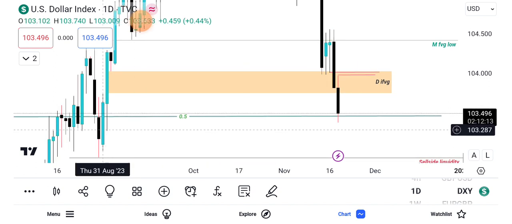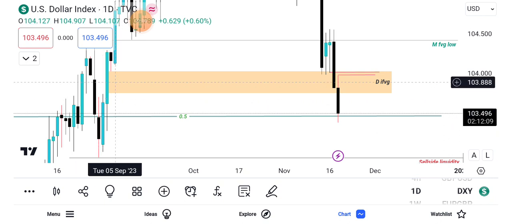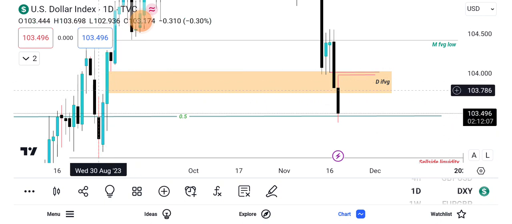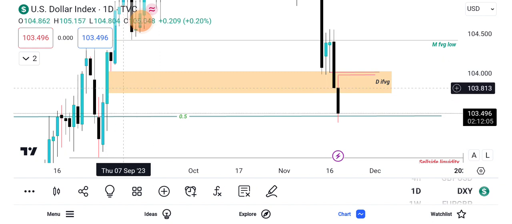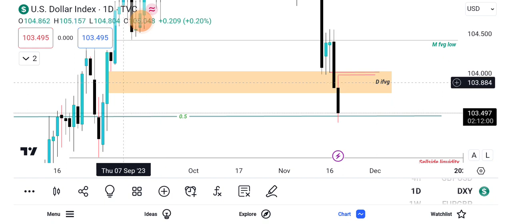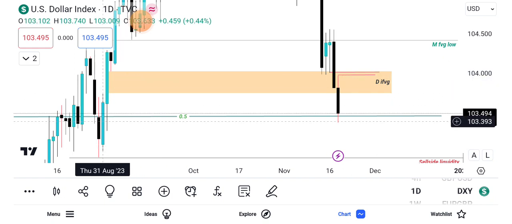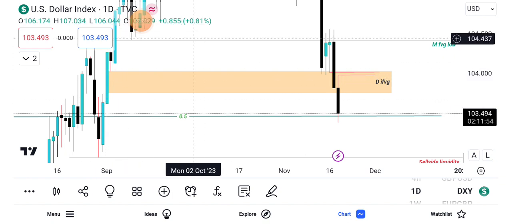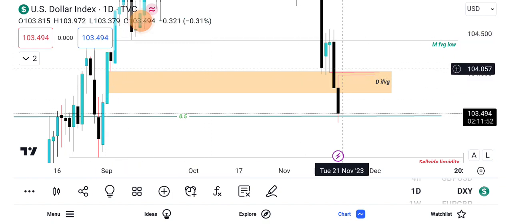Those who are not clear, we had a fair value gap here: this candle's high, this candle's low. There is no body there, so we have this fair value gap. But why do we call it an inversion fair value gap? It was a fair value gap because we had buy side delivery, but we lacked sell side delivery that was provided here.